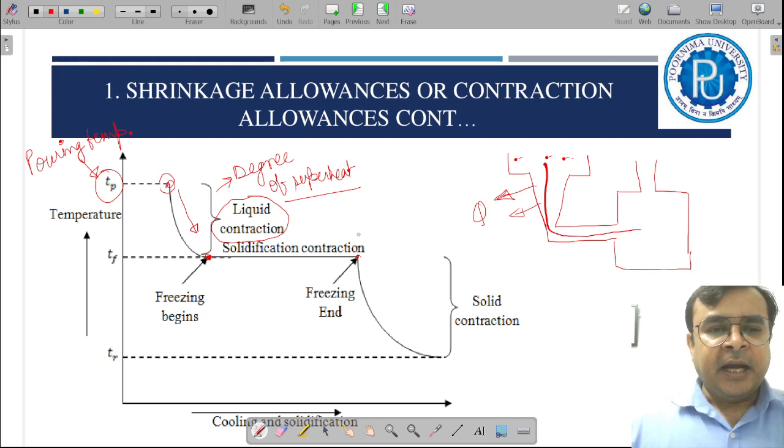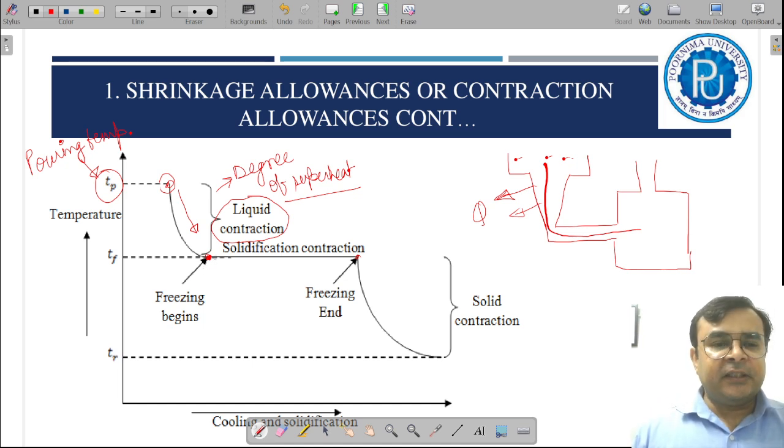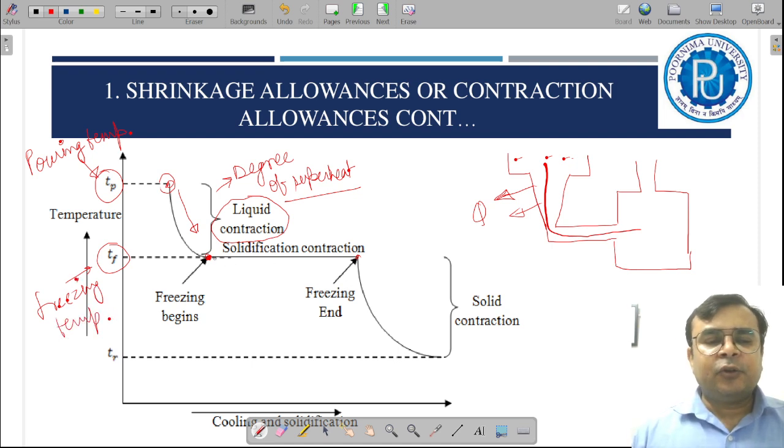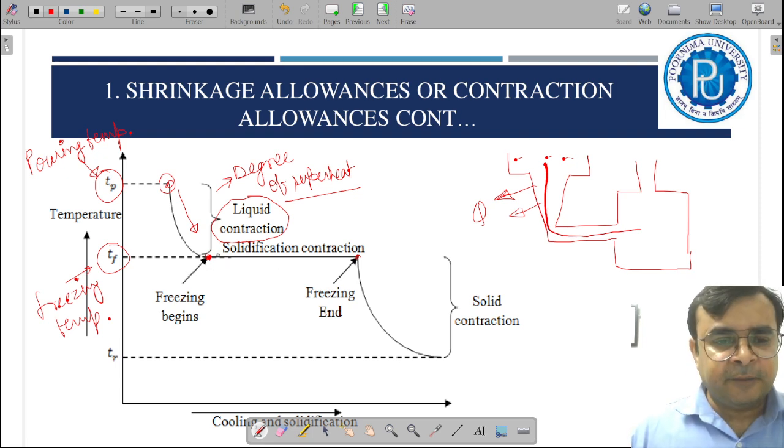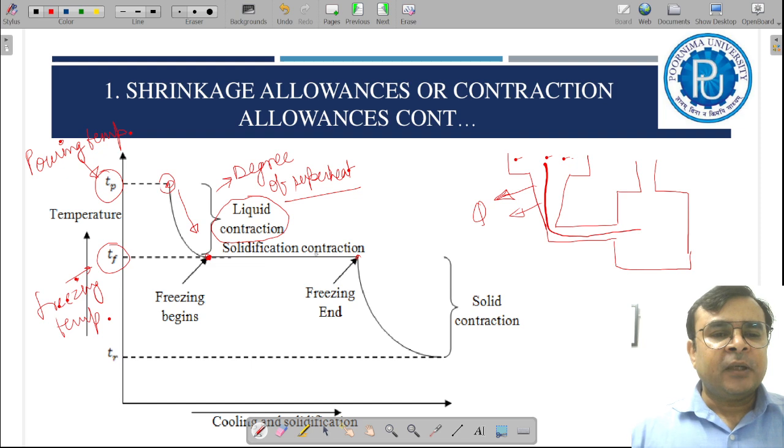Next, once the temperature reaches the freezing temperature, solidification starts. So this TF is called the freezing temperature. This is the temperature at which freezing or solidification just begins. And here you can see the phase change takes place.